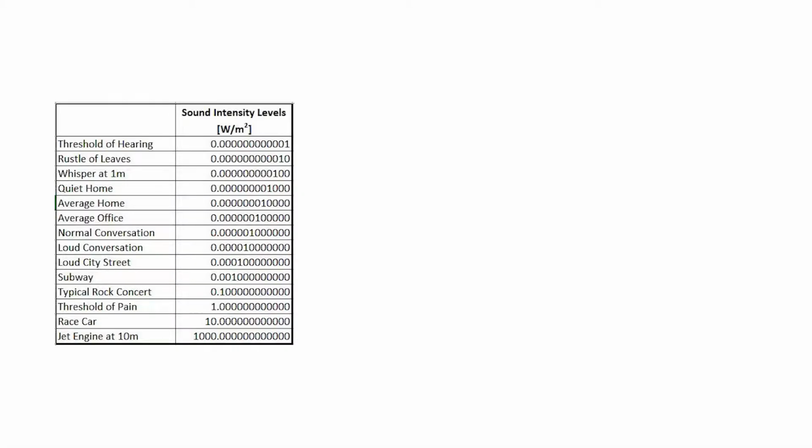So here we have sound intensity levels, and this is a watts per meter squared unit, and you don't really need to understand exactly what this is, but just understand that the threshold of hearing, what we can just barely make out, is 0.0000000000001 watts per meter squared of sound intensity. Now, you don't need to understand what sound intensity is, like a power per square meter of a sound wave. But what you should really take out of this is that, notice from the threshold of pain to the threshold of hearing, that's really an order of magnitude of 1 trillion to 1.